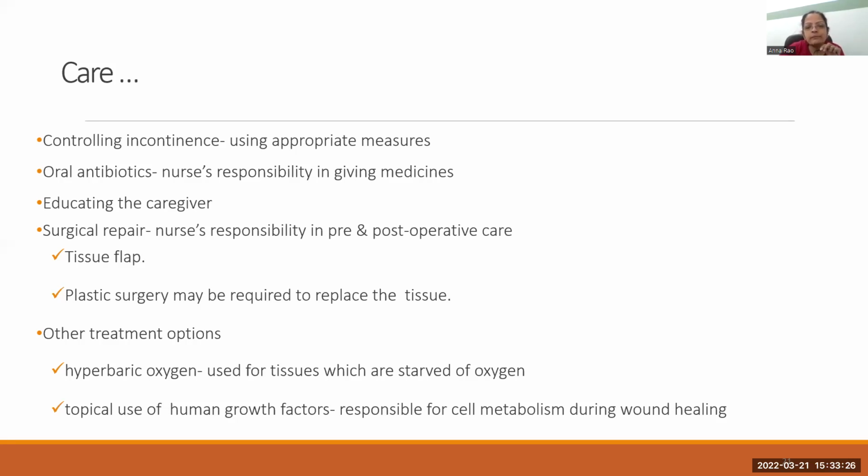Right? So whatever methods can be used, that should be used. And for stool incontinence also, we should take appropriate measures. Cleaning should be adequate, okay, so that there is no skin excoriation because of the stool and urine incontinence. So that care should be taken.